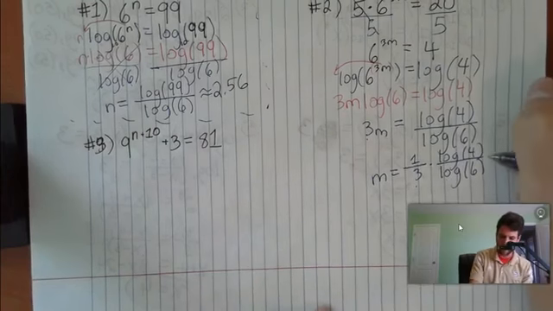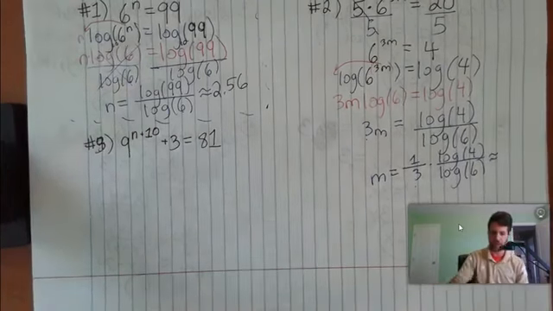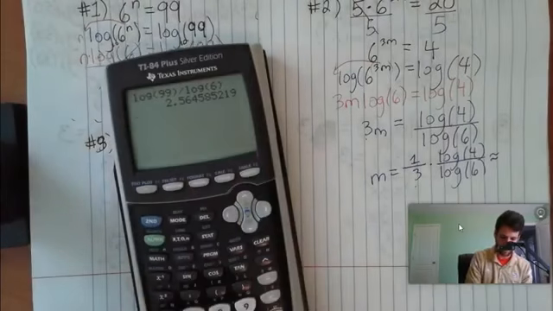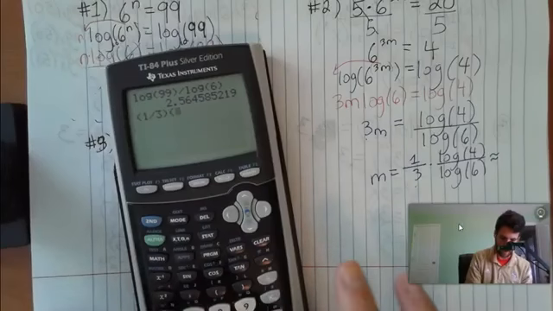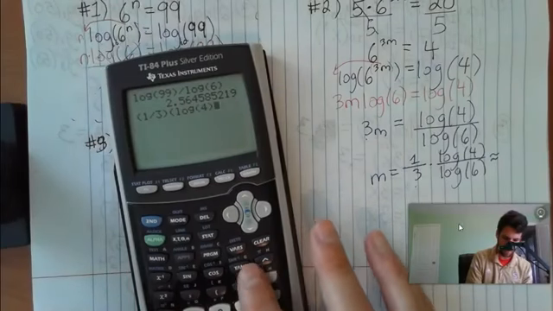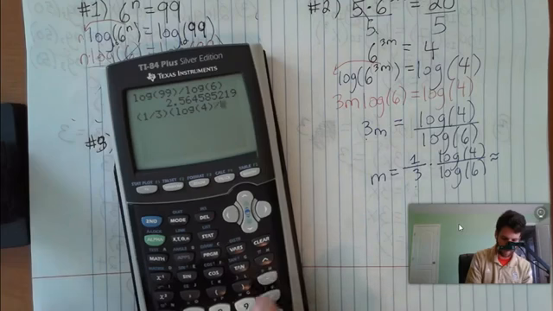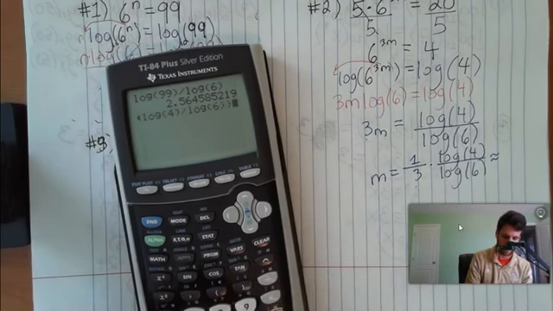And that approximately equals, we would do 1/3 times the log of 4 divided by the log of 6 in parentheses.